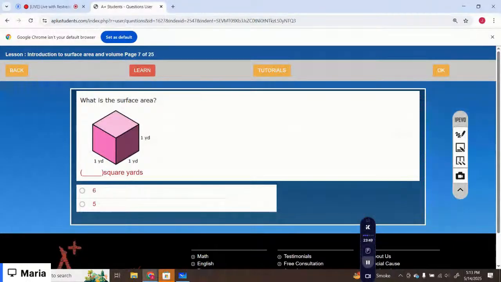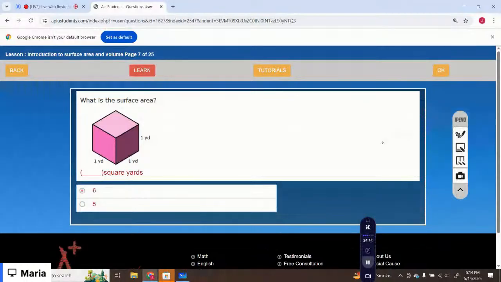What is the surface area? That is 1 times 1. So 1 times 1 is 1. So the correct option is 6.